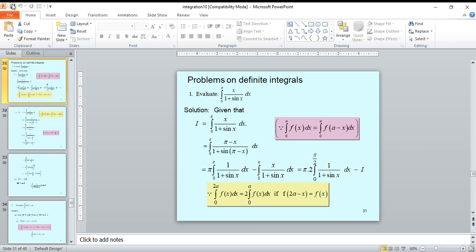Pi into 2 into integration 0 to pi by 2, 1 by 1 plus sin x dx minus I. Take out minus I to the left side.